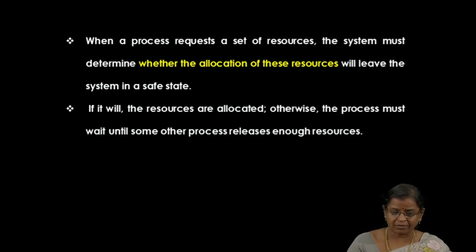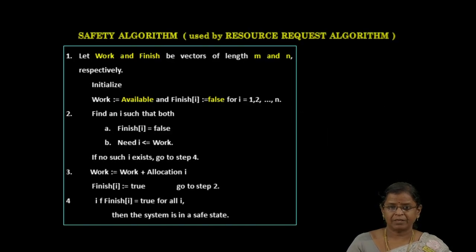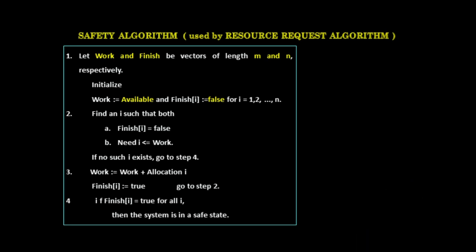If it will, the resources are allocated to the requested process. Otherwise, the process must wait until some other processes release the resources, and they are then acquired by the requested process. Now we will discuss the safety algorithm, which is used by the resource request algorithm of Banker's.